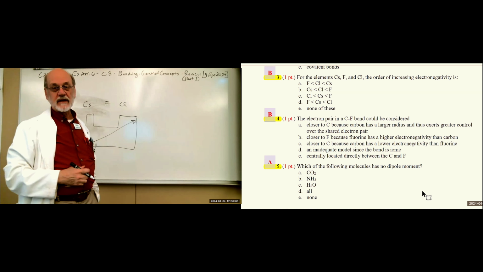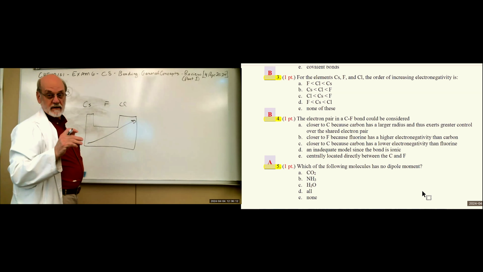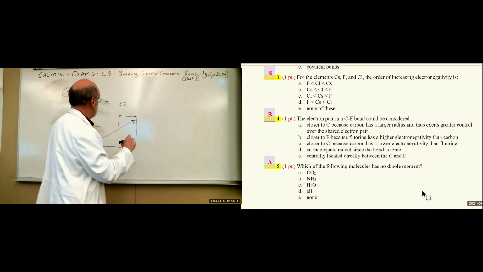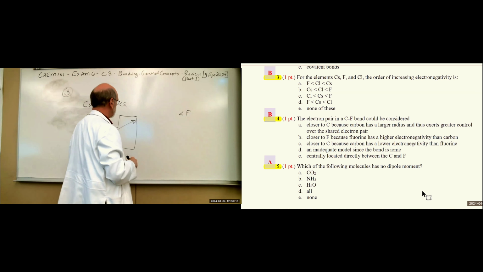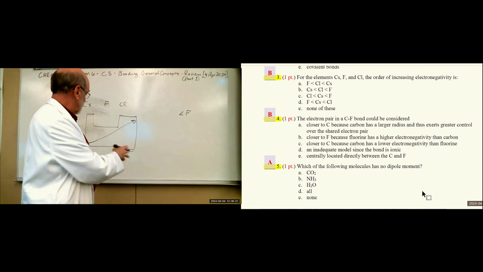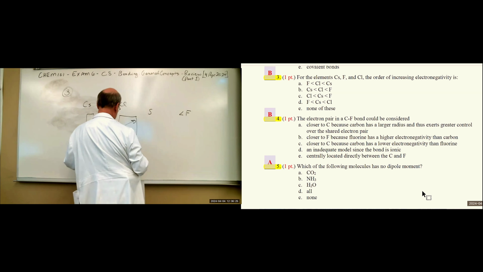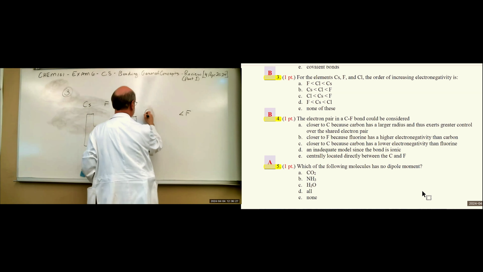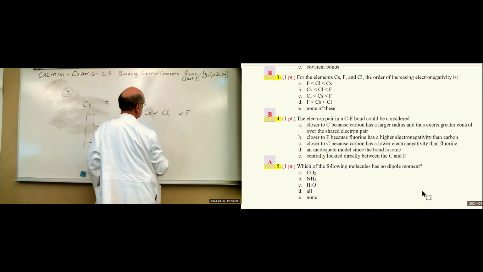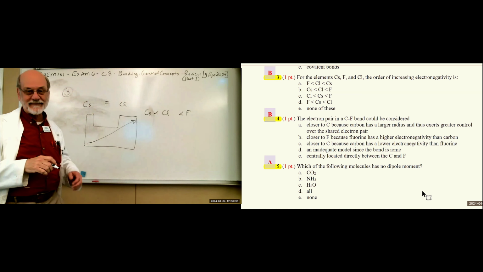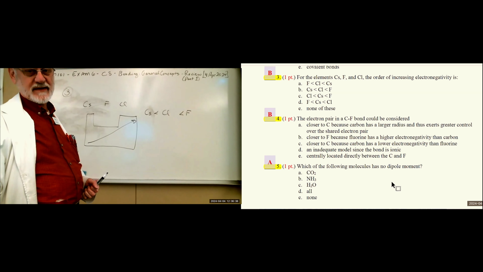So the most electronegative, fluorine, would be the greatest. And the least would be cesium. It's in the lower left-hand corner. That means chlorine has to be in the middle. That'd be B.